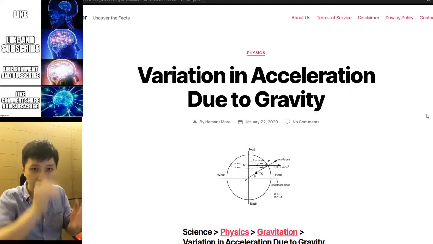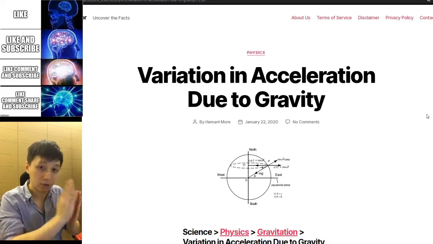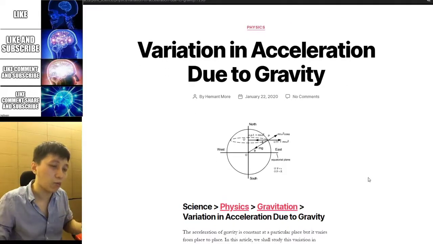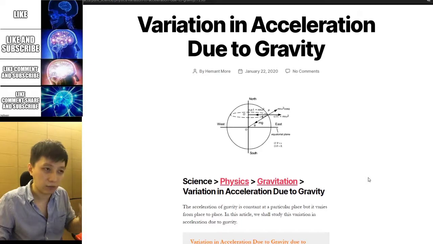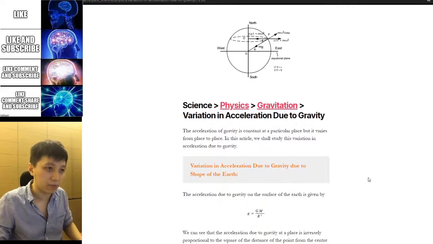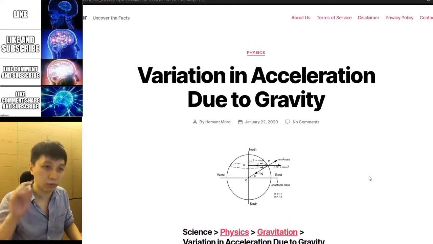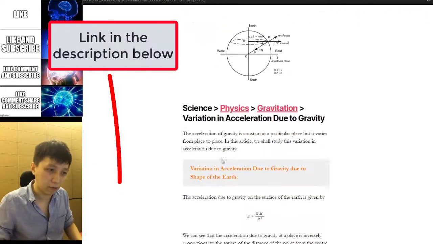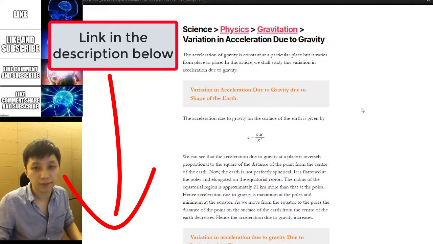So how about the other positions? That would depend on the angle. And if you want to know more about how to derive it and the reason behind it, I'll recommend you to go to this website and read through these things. So I'll put a link in the description below.